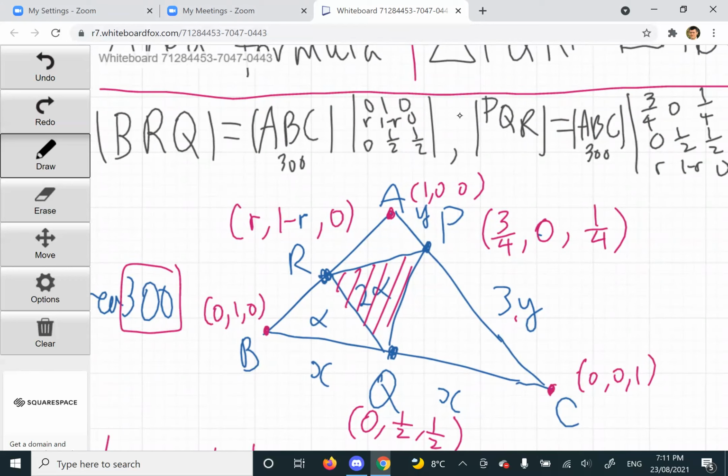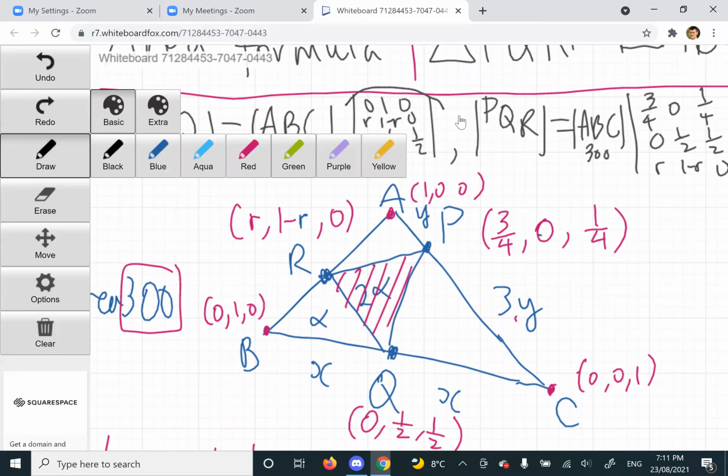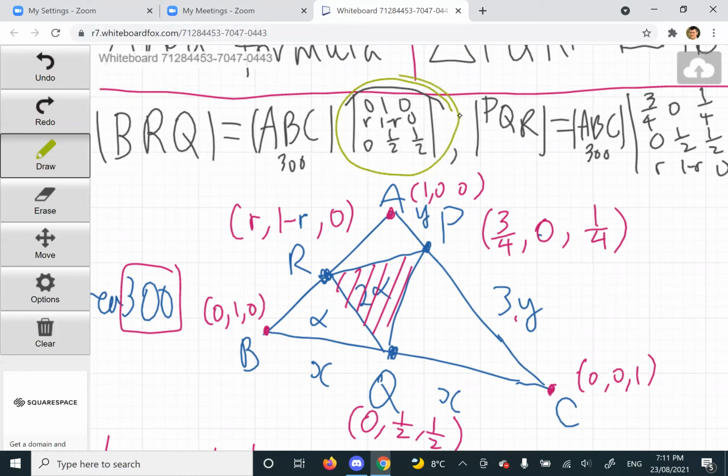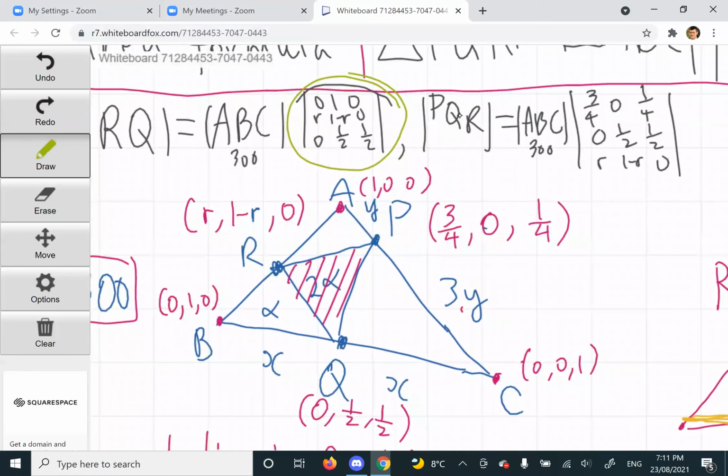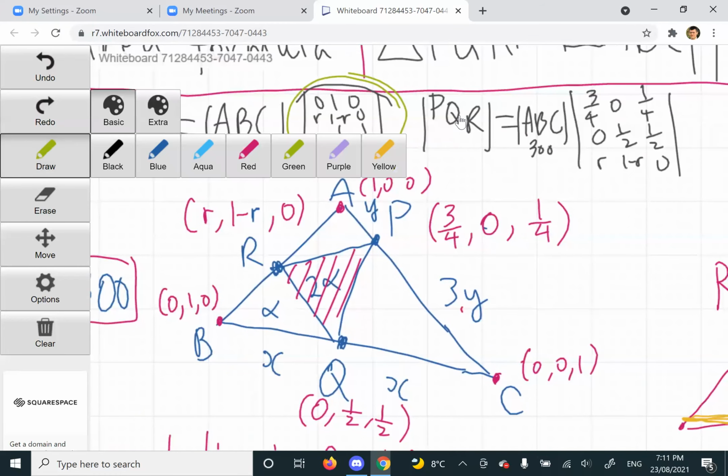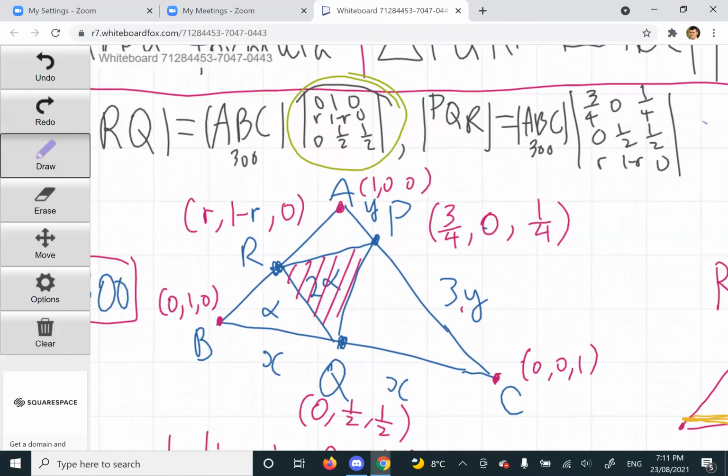So can we have people help figure out what this is, we'll do this one in green and maybe this one in purple. How about that?